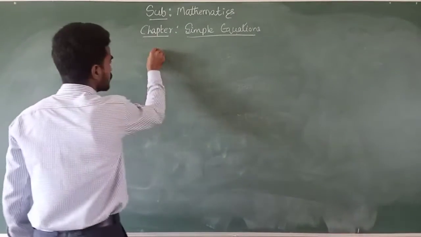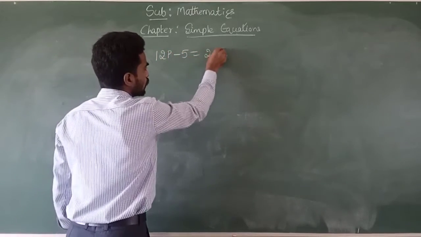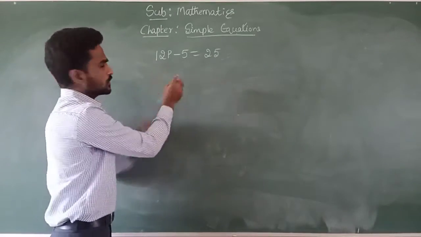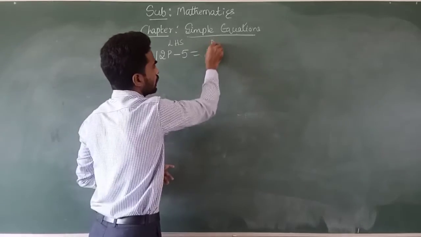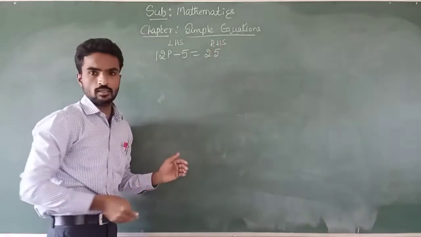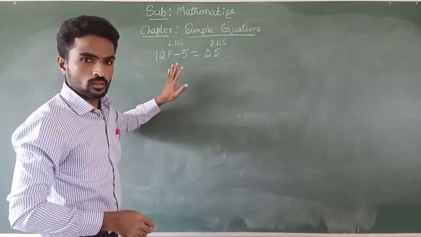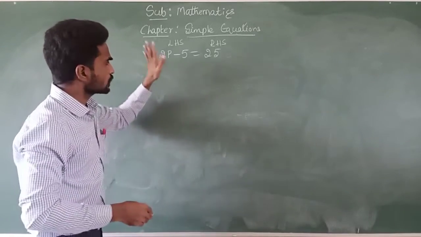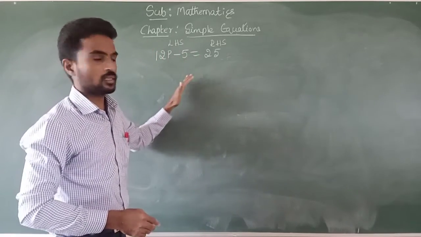Now consider the same equation, 12p minus 5 is equal to 25. Here there are two parts, one is the LHS and the other is the RHS. We already solved this equation by the two-step method. Now we are going to solve the same equation by the transposing method.